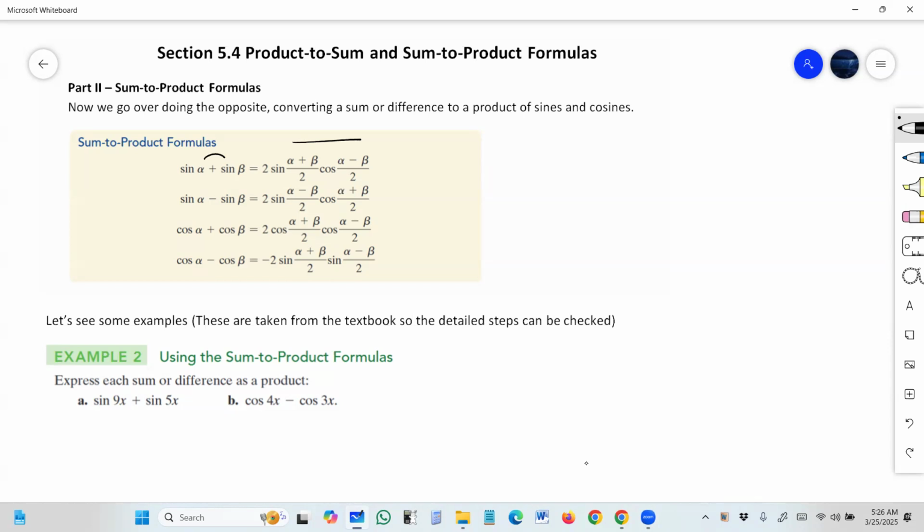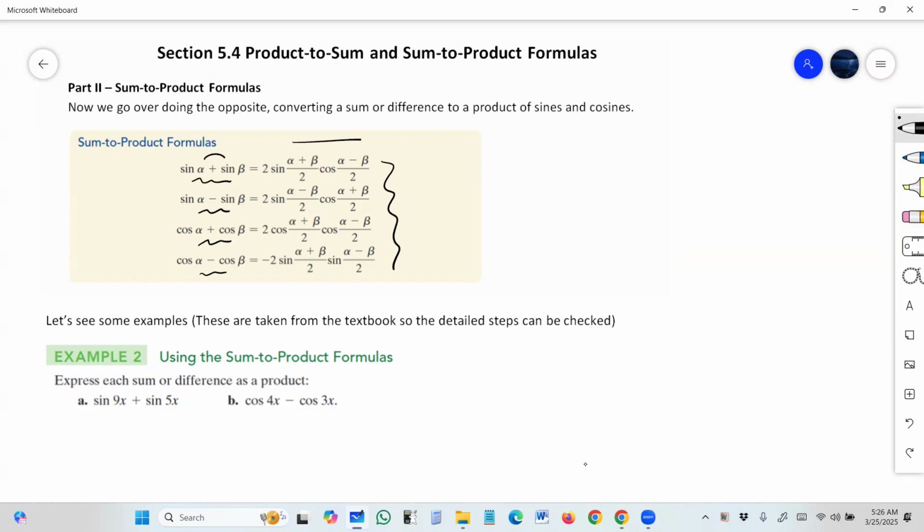Before, we had a product of sine and cosine, and we went into a sum or difference expression. Now we have a sum or difference of sine and cosine, or sine, sine, cosine, cosine, and we get an expression involving a product.